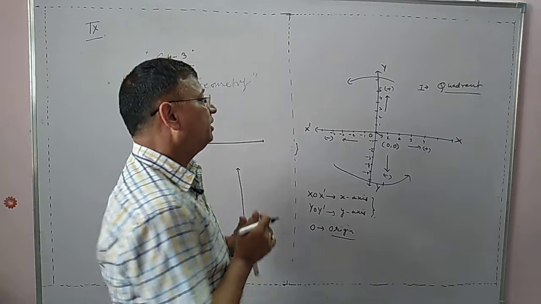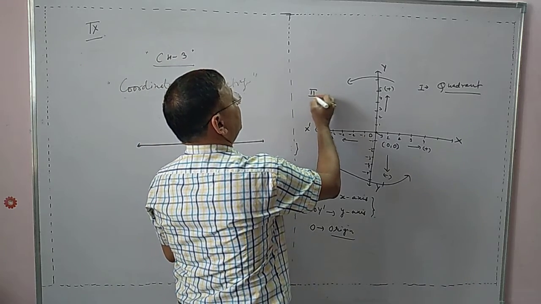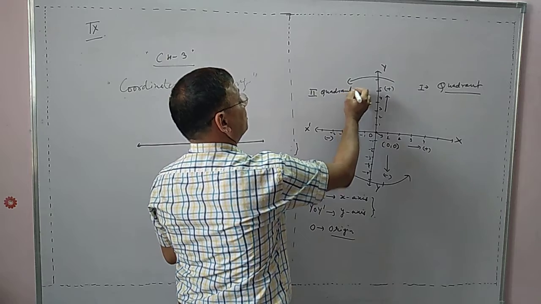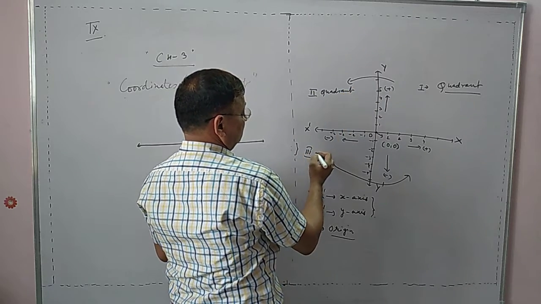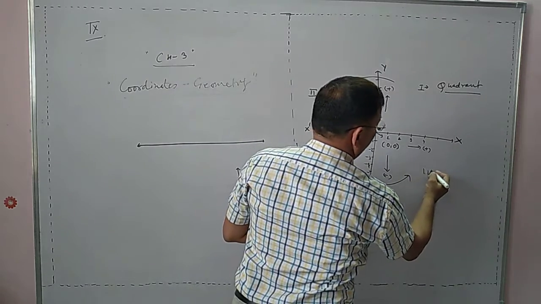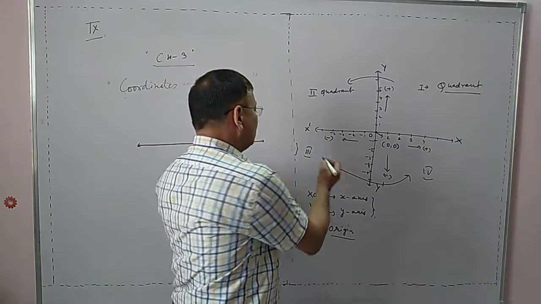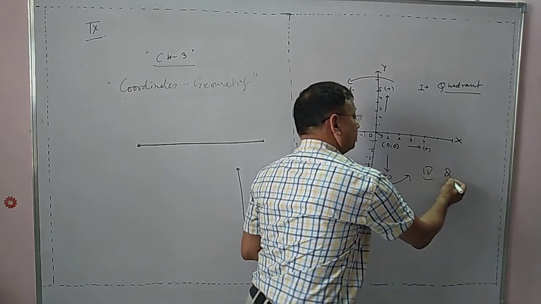It is the first quadrant, the second quadrant, the third quadrant, and the fourth quadrant.